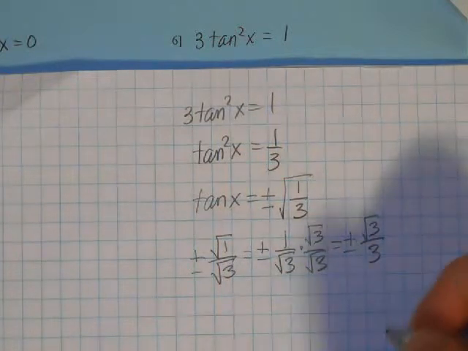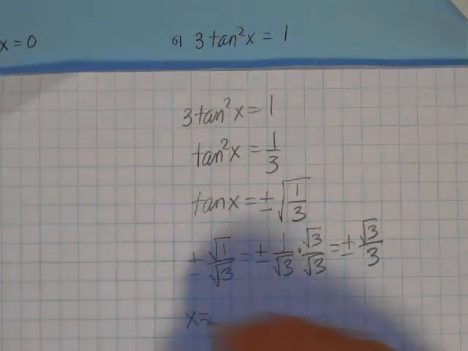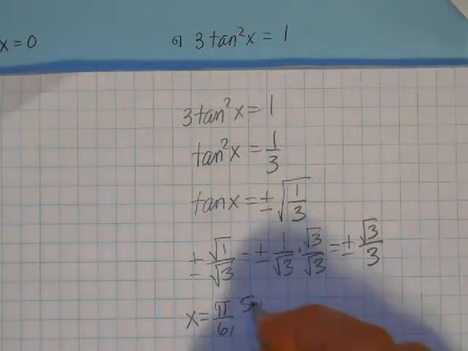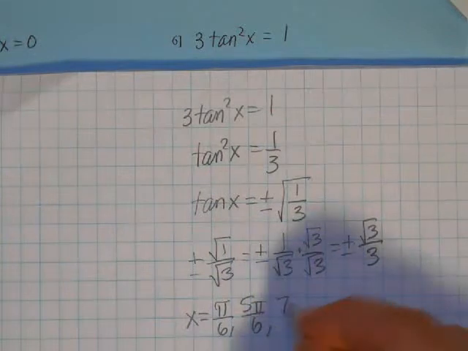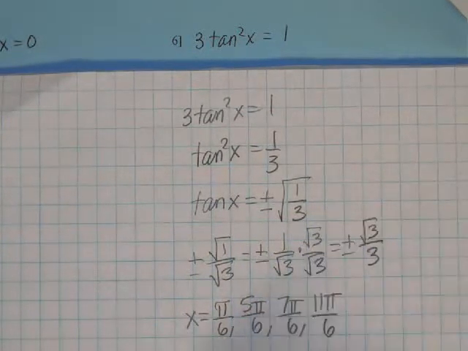And we get plus or minus radical 3 over 3. So looking at our unit circle, when is tangent equal to either positive radical 3 over 3 or negative radical 3 over 3? And your solutions are pi over 6, 5 pi over 6, 7 pi over 6, and 11 pi over 6.